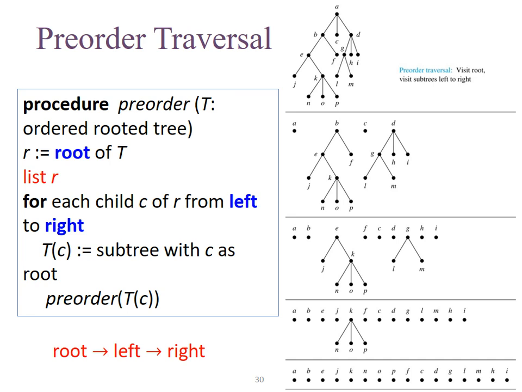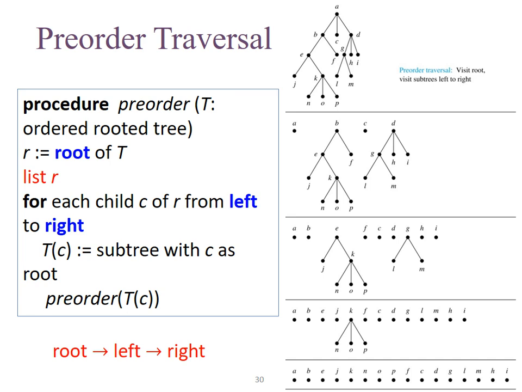Okay, so now we output the root A. And then we traverse the subtree by the pre-order algorithm again. Okay, if we consider this is a tree rooted by B, then we will output B first because B is the root. Okay, and then left tree and right tree.